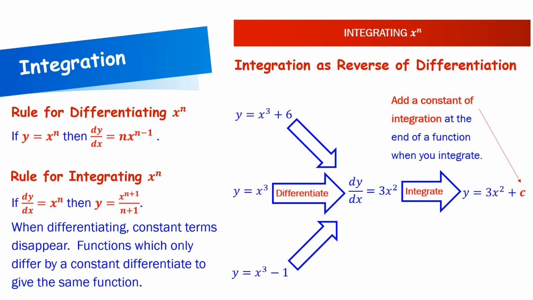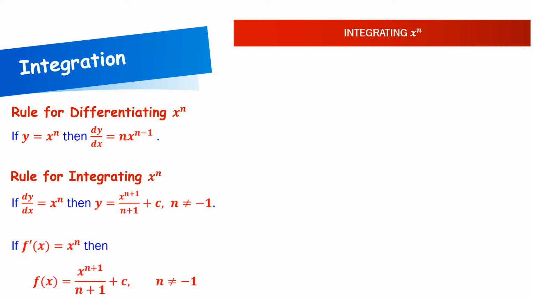And notice here we've added a constant of integration. So if f dash of x equals x to the power n, then f of x equals x to the power n plus 1 divided by n plus 1 plus c, where of course n does not equal minus 1.